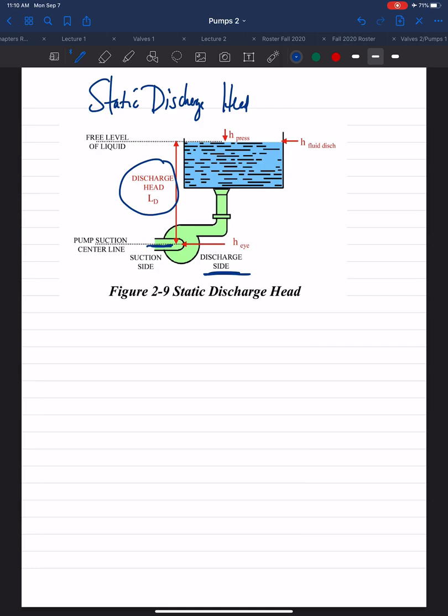And we define that as the static discharge head is the H pressure plus the H, or the height of the fluid discharge location, minus the H eye.